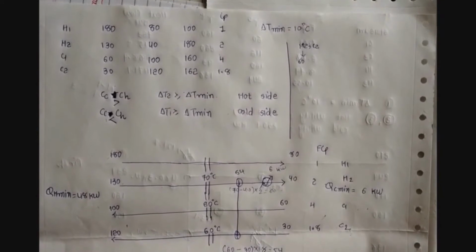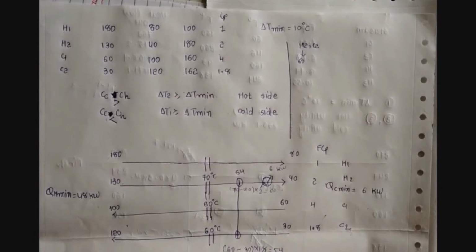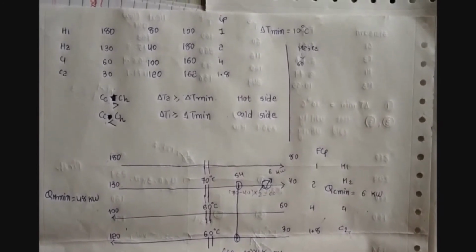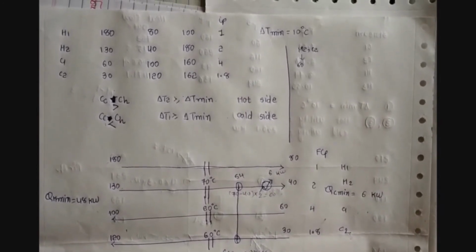So we will start with this condition: CC should be greater than CH for the hot side of the pinch. So which streams fulfill this condition, that we will see. We can transfer H1 to C2, H1 to C1, or H2 to C2, or H2 to C1, right?